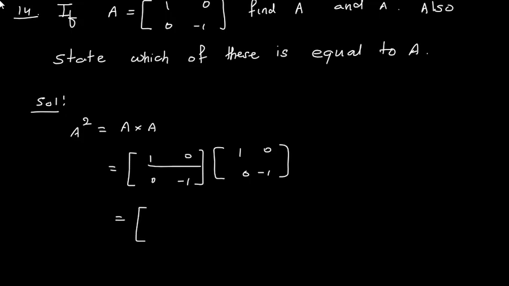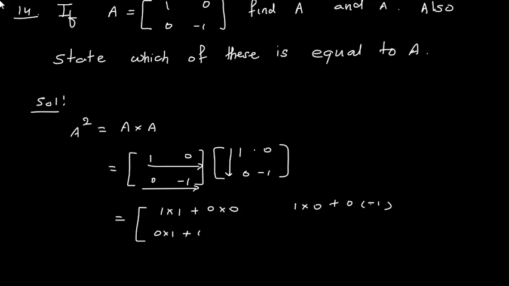This is equal to [1 0; 0 -1] multiplied by [1 0; 0 -1]. Okay, so we multiply here, this whole row will be multiplied by this vertical column. So this 1 into 1 plus this 0 into 0, 1 into 0 plus 0 into minus 1.